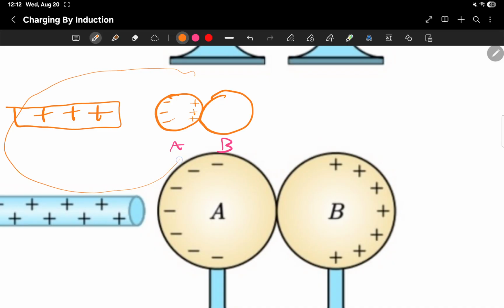This is called inducing a charge in a sphere, in a metal conductor, because this positively charged material came close enough to a metallic sphere that it caused charges to move inside the metallic sphere and form a dipole. So negative charges were moved to the left-hand side of the sphere, and positive charges were moved to the right-hand side of the sphere. Now that's great. So we induced a dipole.